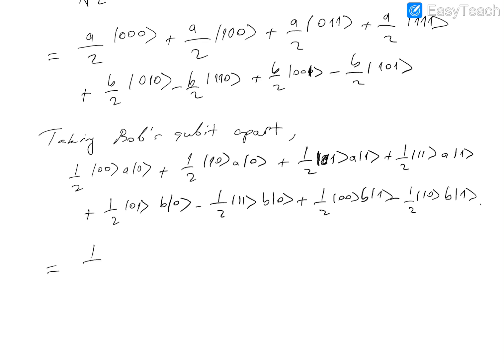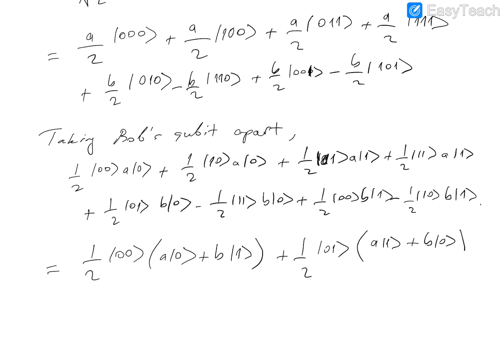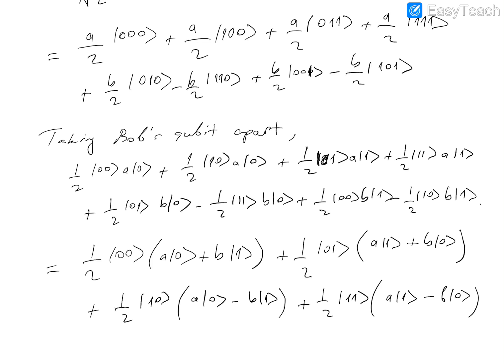So this will be equal to, in 1 over 2, 0, 0 parentheses, we have a0 plus b1, plus 1 over 2, 0, 1, a1 plus b0, plus 1 over 2, 1, 0, a0 minus b1, plus 1 over 2, 1, 1, a1 minus b0.